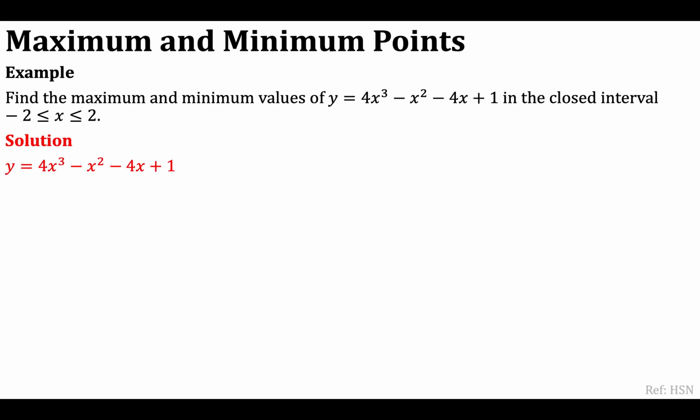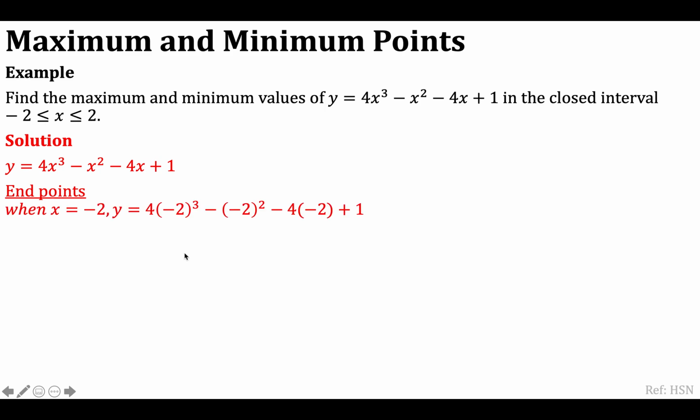So the solution then, we have our original equation of the curve, and we're firstly going to look at the endpoints. So the endpoints are the endpoints of the interval that we're dealing with. So we're firstly going to look at when x is equal to negative 2 from here.